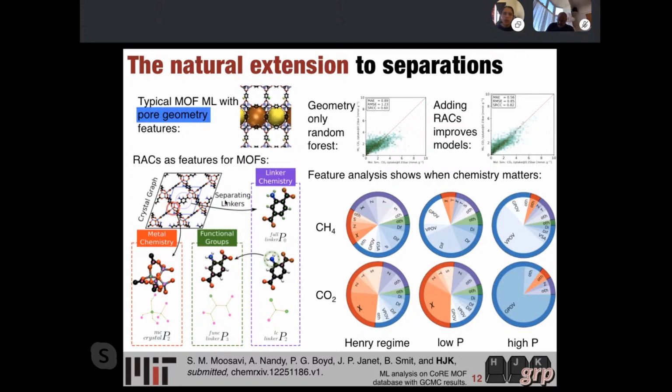If we're just shoving molecules in, then the chemistry stops mattering, but it stops mattering at a different rate for molecules that are less spherical. So CO2 has more electronics going on than CH4, methane, which behaves like a rock. And so by encoding these RACs, we can see where chemistry matters most in understanding MOF separation characteristics.